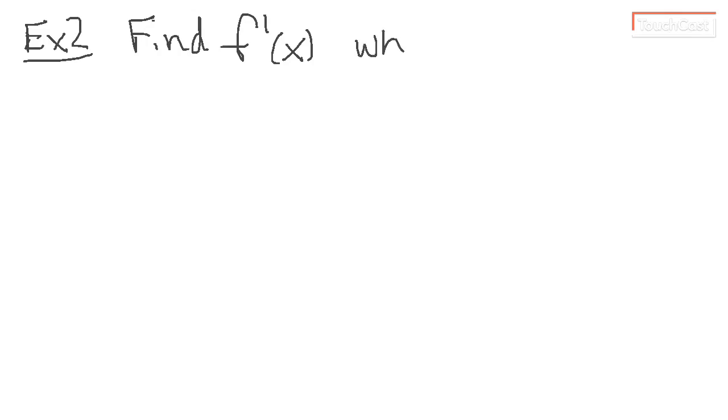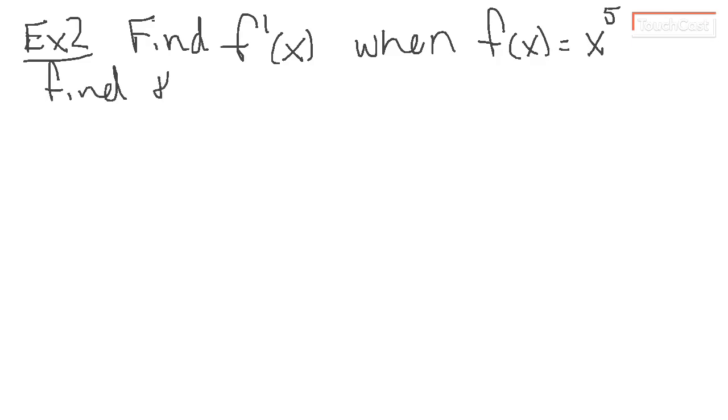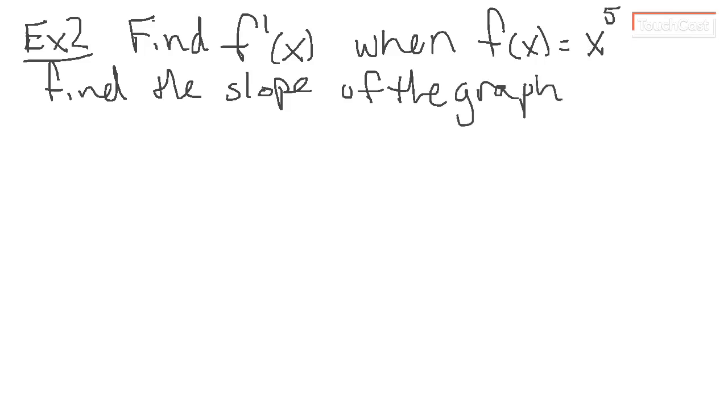So in example 2, we're going to find f prime of x when f of x is equal to x to the power of 5, and then we're going to find the slope of f of x at x equal -1, 0, and +1.